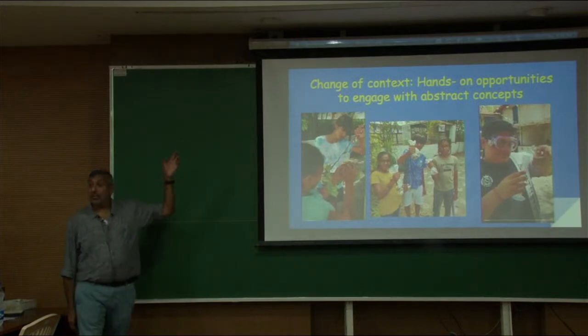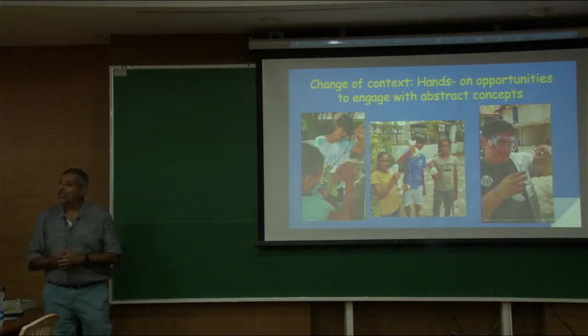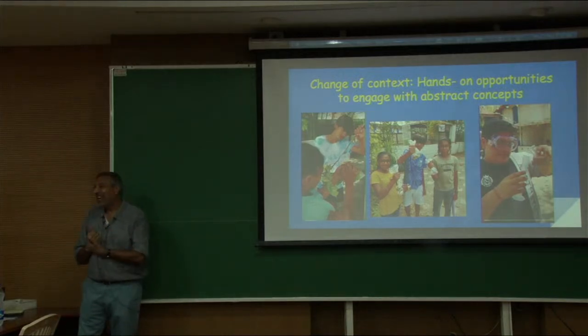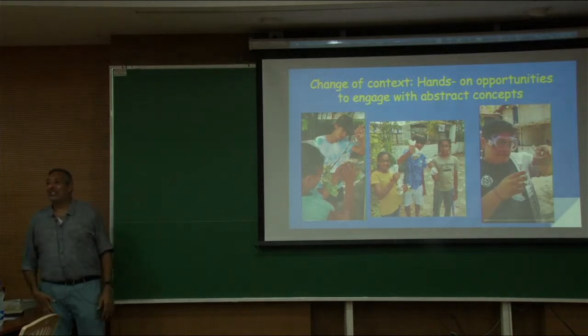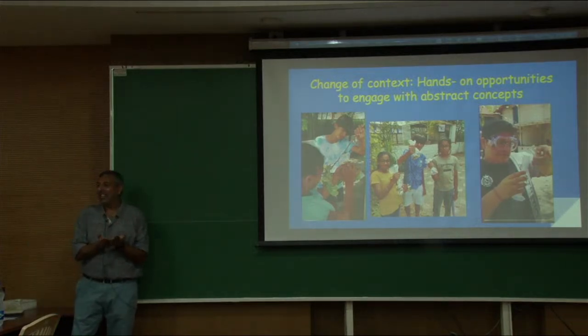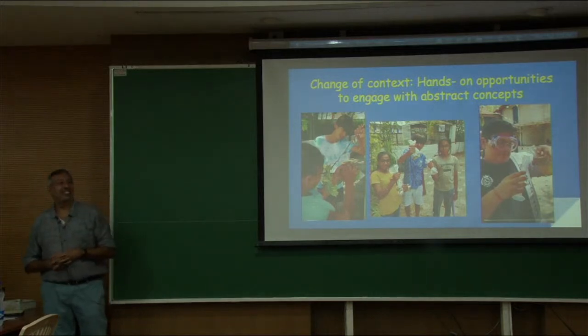And then another, and this one I'm sure we all believe in, especially for teaching about the environment. And Ashokji does this all the time in the Science Activity Center: changing the context. So that dry, desiccated text in the textbook comes alive in the Science Activity Center.